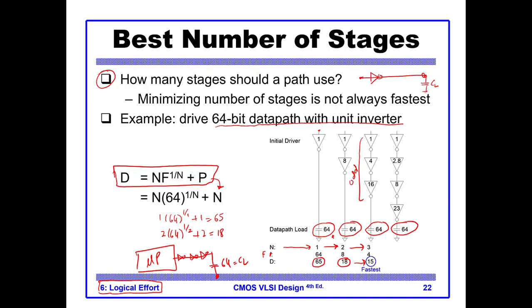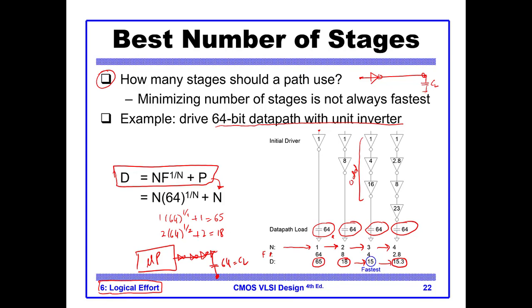So if you go and try for n equal to 4, the delay is 15.3. So the delay only degrades by 0.3. So you may say, okay, I need a non-inverted output.